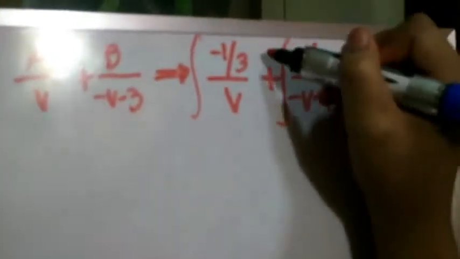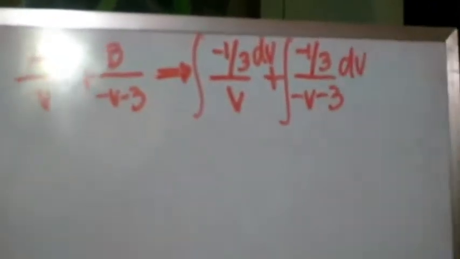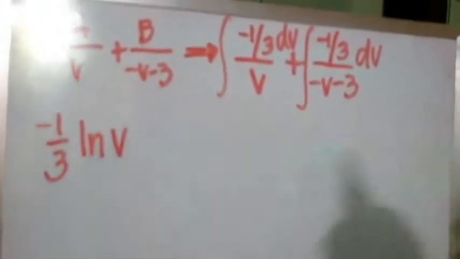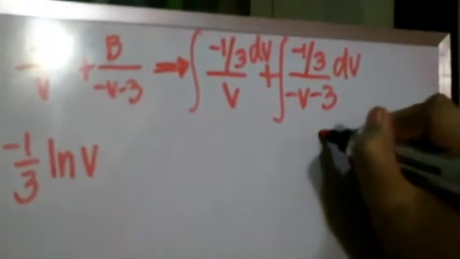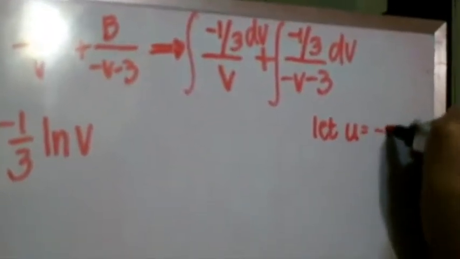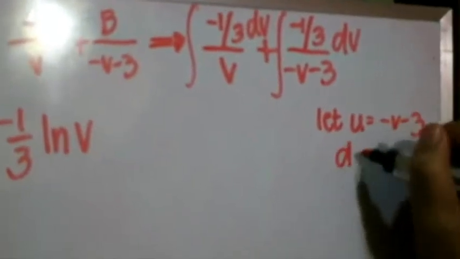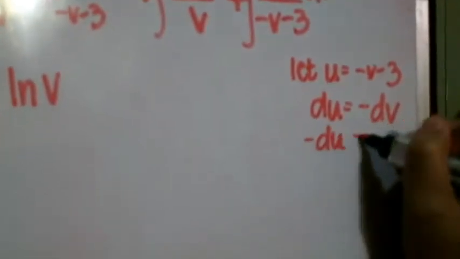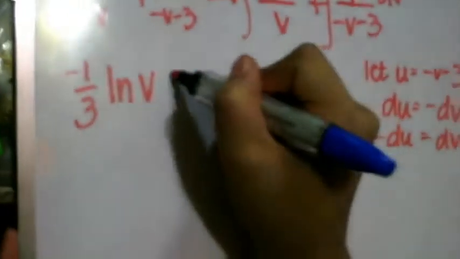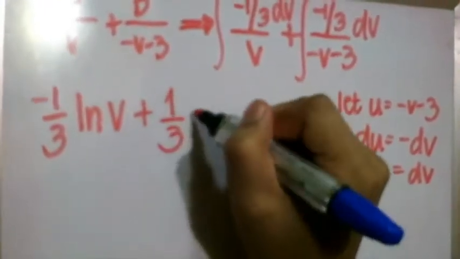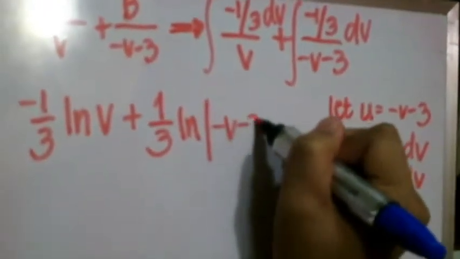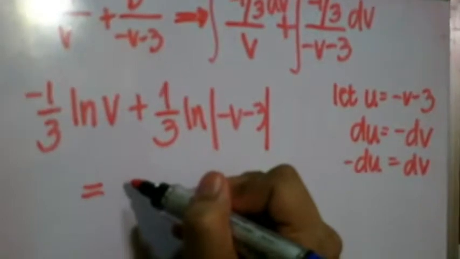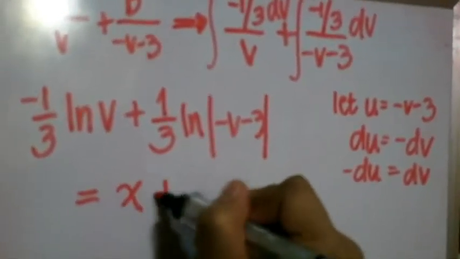Integrating both equations, then applying dv, we have negative 1/3 ln of v, and in this equation letting u is equal to negative v minus 3, so we have du is equal to negative dv, where negative du is equal to dv. So plus 1/3 of ln of negative v minus 3, which is equal to x plus c.